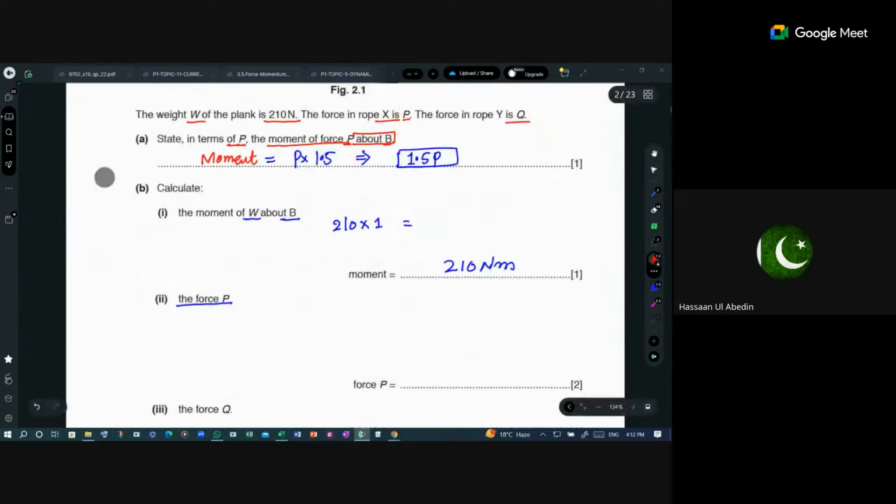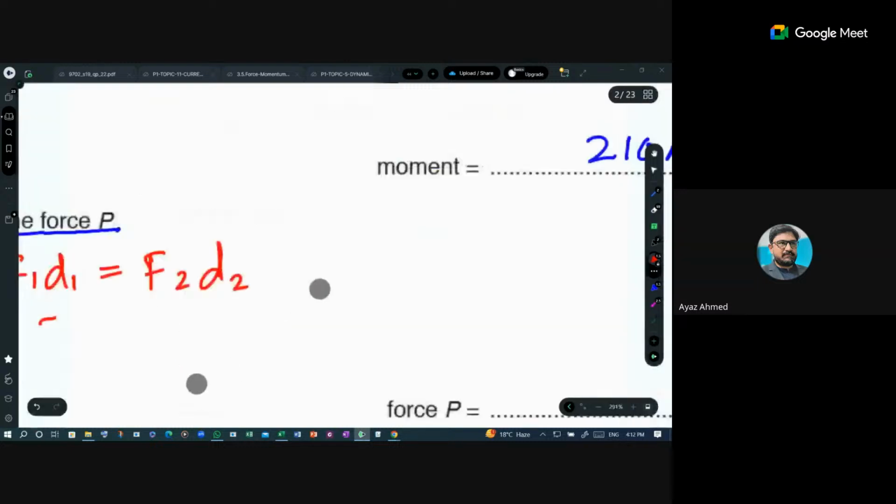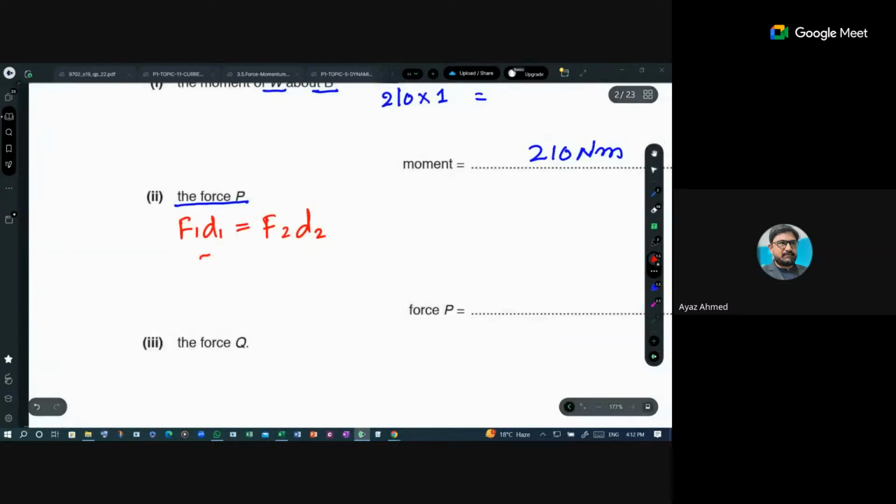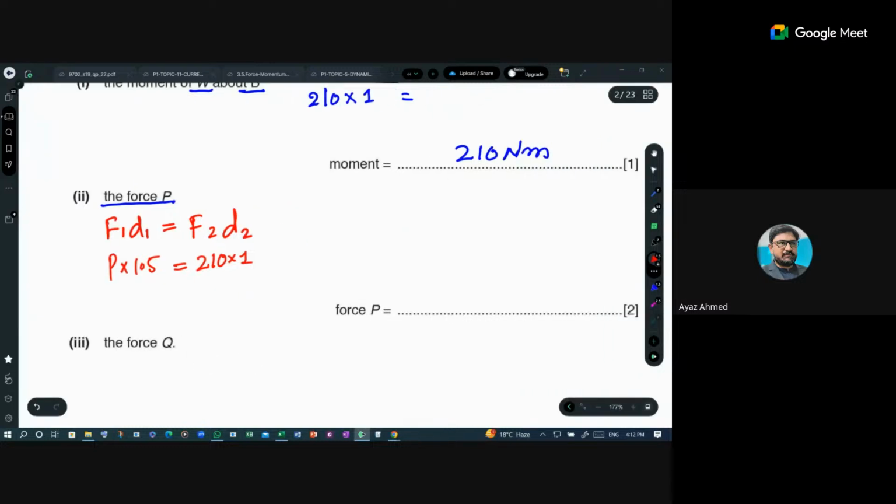So I can say F1 D1 equals F2 D2, and F1 D1 is basically the moment of force P. So you can say 1.5 P, or if you want to rewrite these values, no issue. You can simply write P times 1.5 is equal to F2 is 210 times 1. Are you getting why I'm going to select these values? Yes, sir.